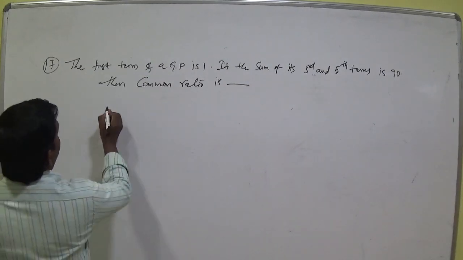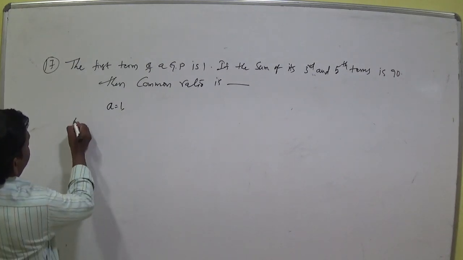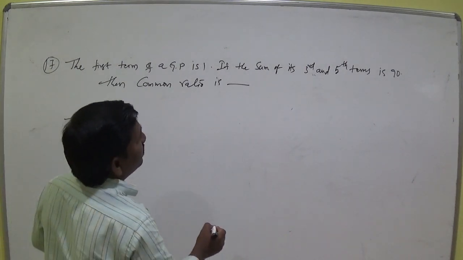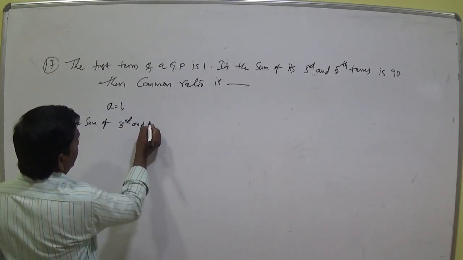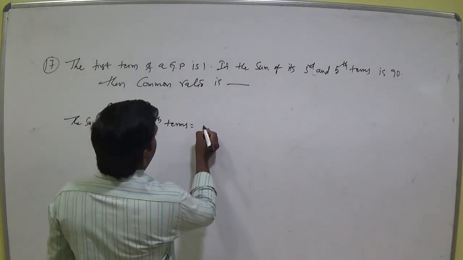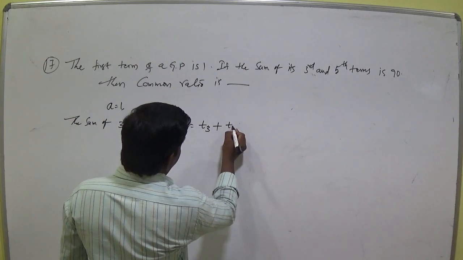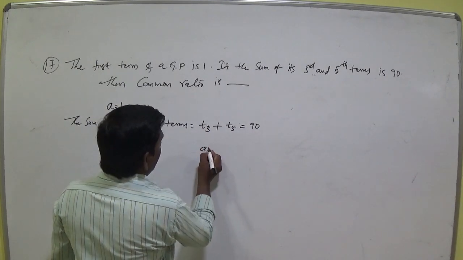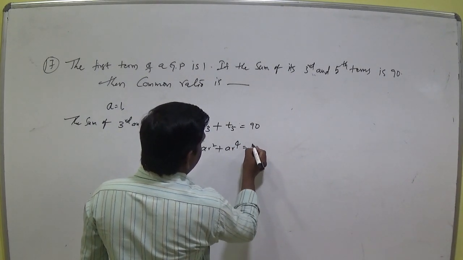The sum of third and fifth terms, that means T3 plus T5, AR square plus AR power 4 equal to 90.